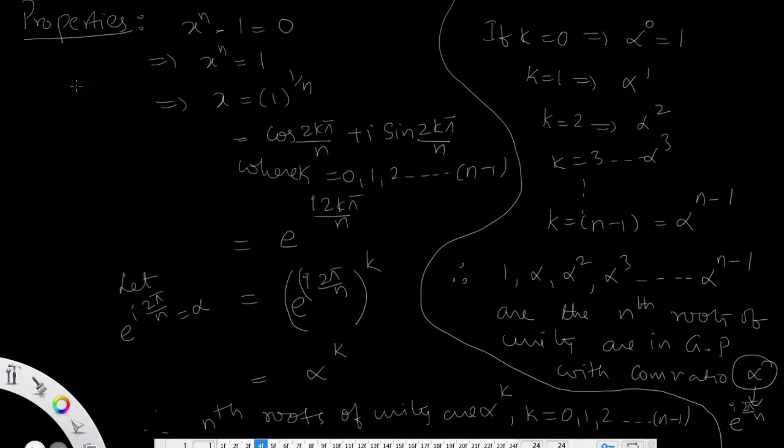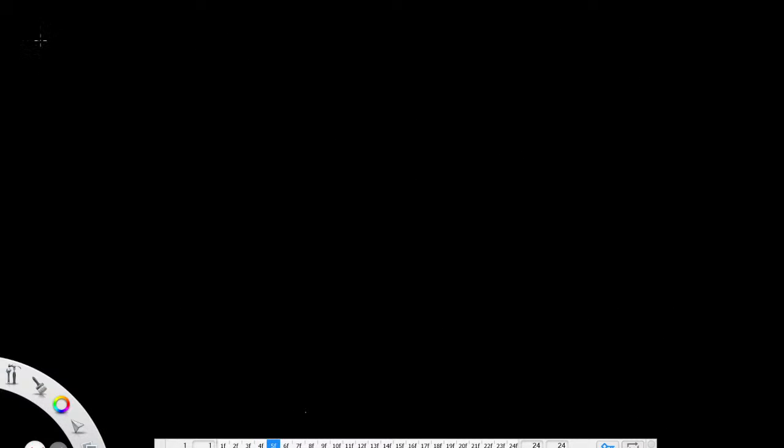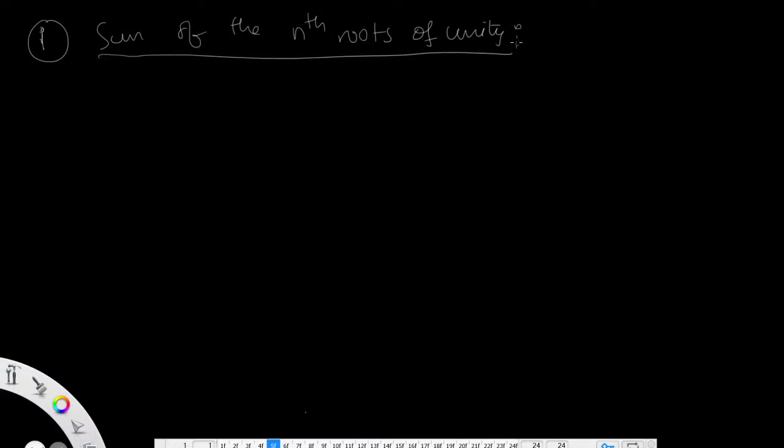Next, the first property. Then we can write the sum properties. The most important property is the sum of the nth roots of unity.